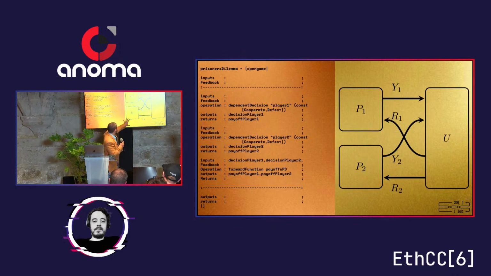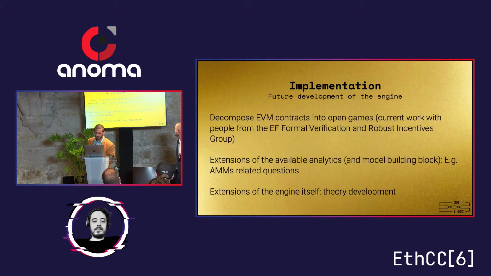And then after that, you provide the players, and now the coordinator can strategically decide the ordering of these transactions to be fed to the EVM box. So again, the idea is that I can take contracts that are non-strategic by definition, they're just stupid functions, but now I can embed them into a framework that allows me to reason strategically about them. So that's one of the things we are working on.